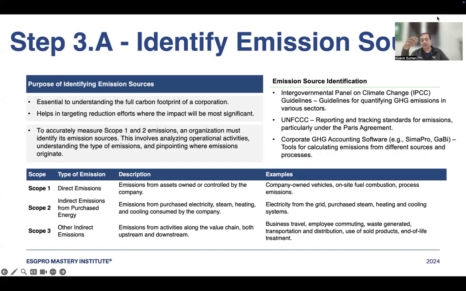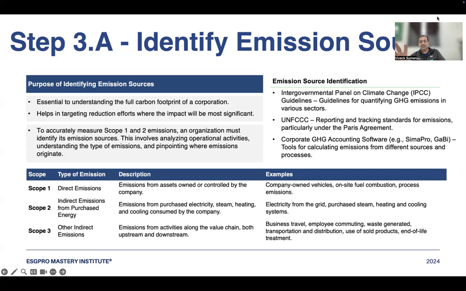And in order to measure scope 1 and 2 accurately, any organization must have identified their emission sources. This involves analyzing their operational activity, understanding the type of emission, and pinpointing where the emission is originating. The source identification can be done by the following sources which are available, and these are the people who are providing the emission factor as well.